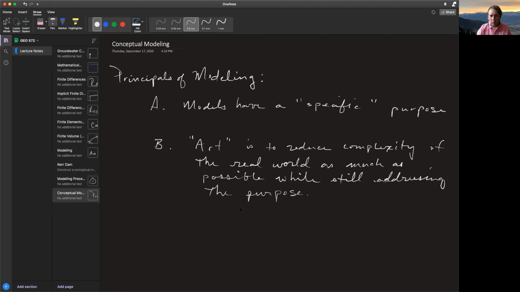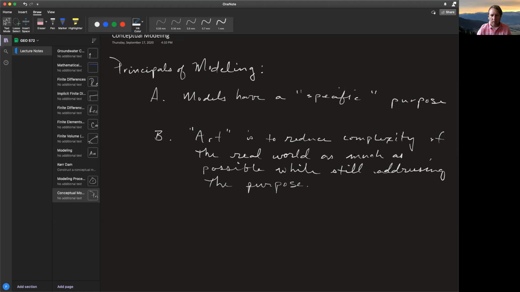Right? We want the simplest model we can to address the purpose. And the reason for this is fundamental in the modeling process. We must produce a model that is a reduction. Right? That is what modeling means. We are coming up with some reduced scale, some reduced smaller portion of the universe that we're trying to understand better.